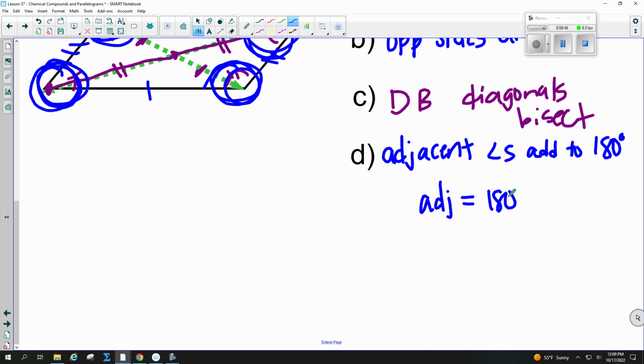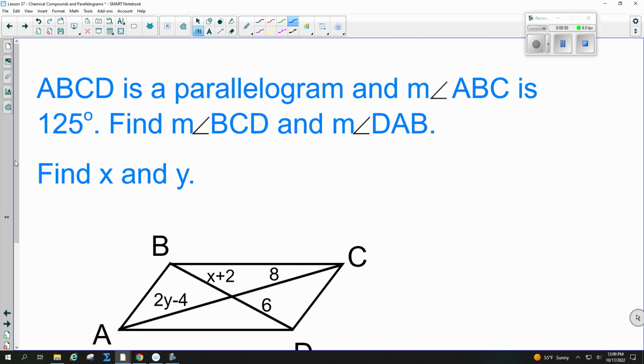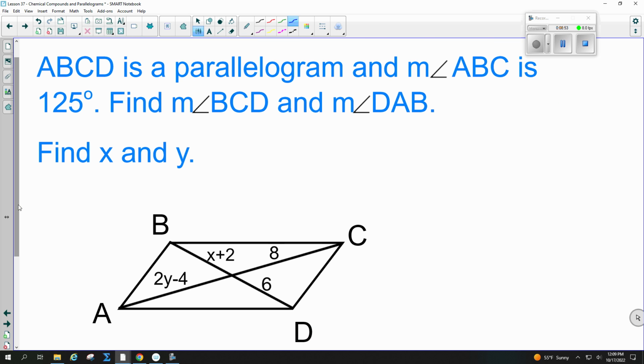Okay, so you might have a problem like this. ABCD is a parallelogram, and the measure of angle ABC, so let's see what angle that is. ABC. When they tell you an angle, you need to trace it, and it's the middle one they're talking about. So ABC, that's this entire angle, is 125 degrees.